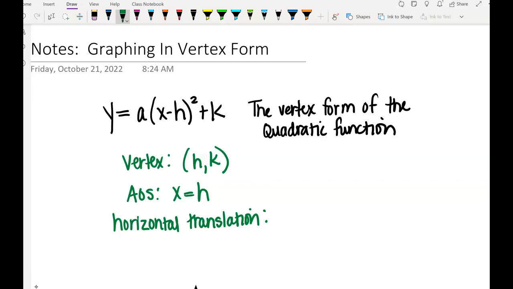All right, make sure your answers are written down. Hold up your boards. Let me see which letter is my horizontal translation.